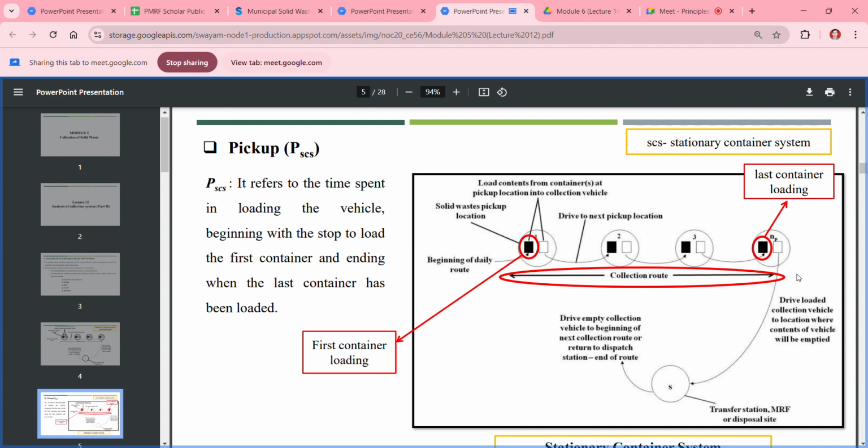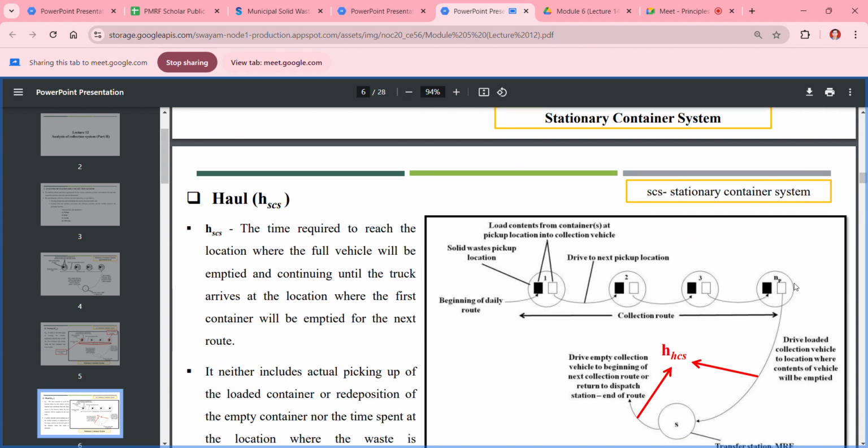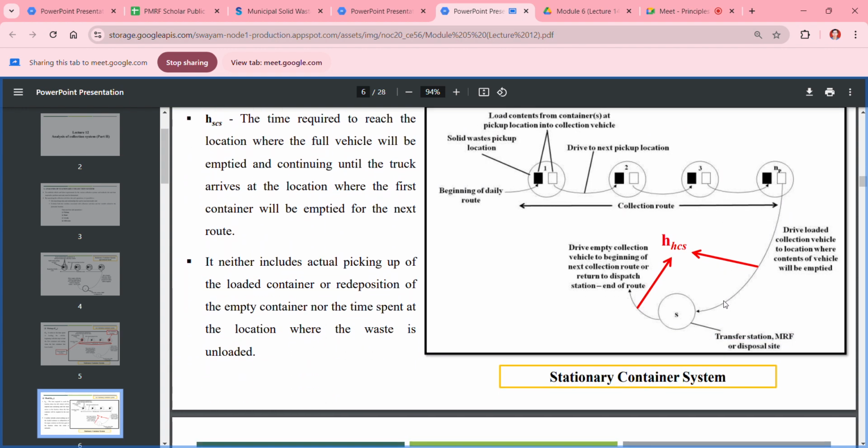So the total collection time taken on this whole route is known as the pickup time. Then coming to the next one, that is haul. We had already talked about the haul time in the haul container system. In this case, we will talk about the time taken from the last pickup point to the disposal site, and from that disposal site, the time taken to reach the next collection point.